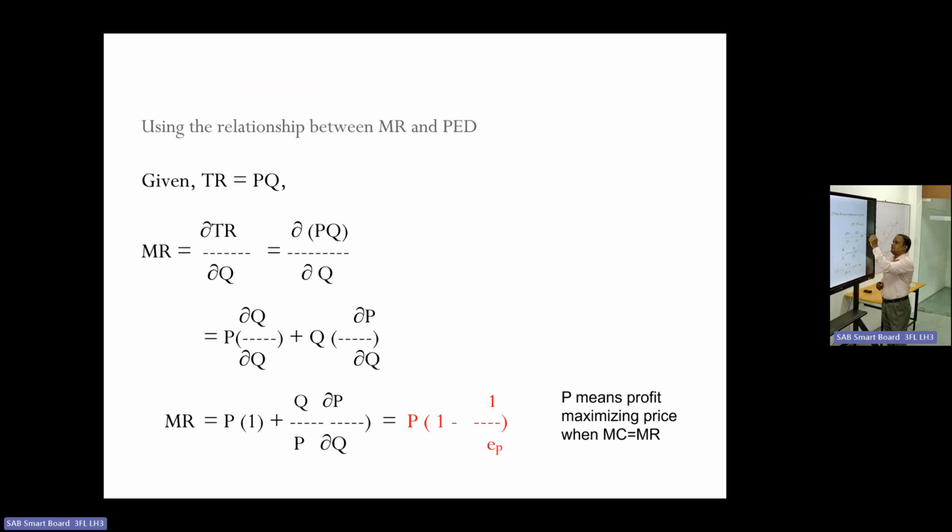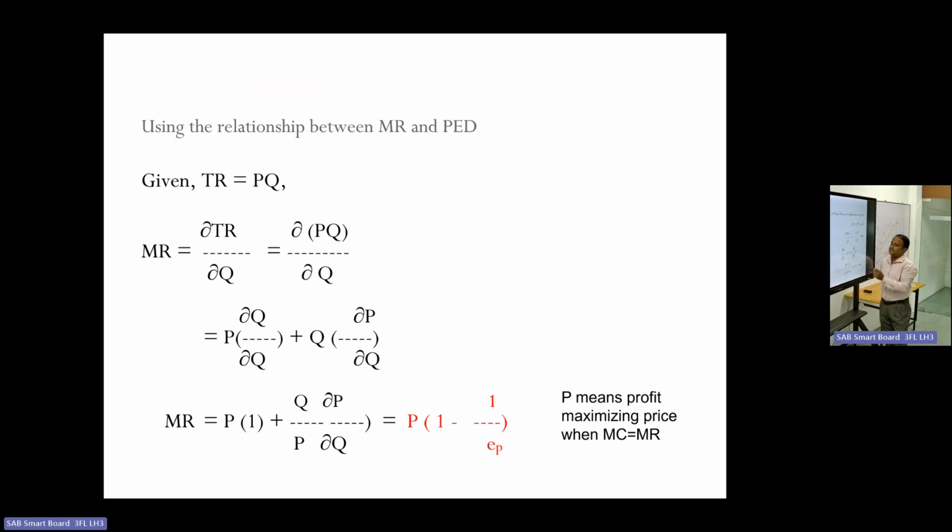So that is the ∂TR over ∂Q, not dT, because we have two variables. ∂TR over ∂Q equals marginal revenue. So first we take ∂(PQ) over ∂Q. There we see the product.